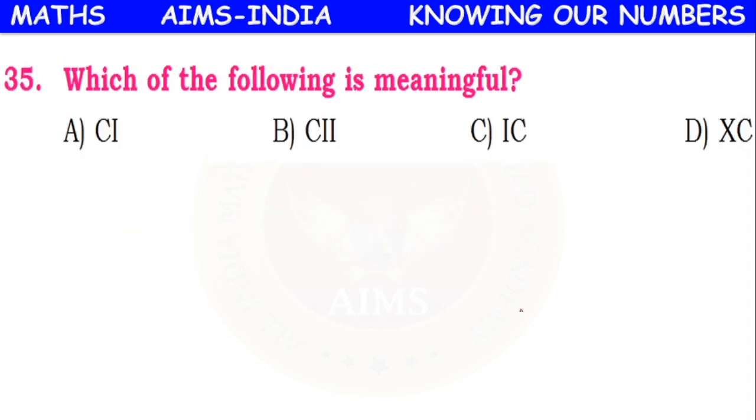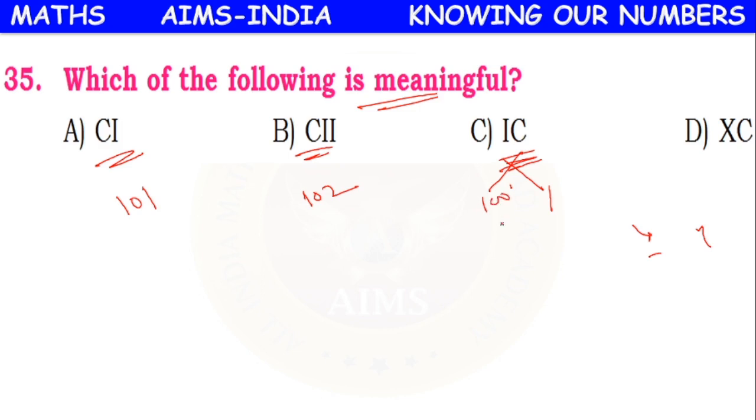So next. Which of the following is meaningful? CI. CI stands for 101. Correct. CII stands for 102. Correct. IC. Here IC is wrong, children. IC means I stands for 1, C stands for 100.